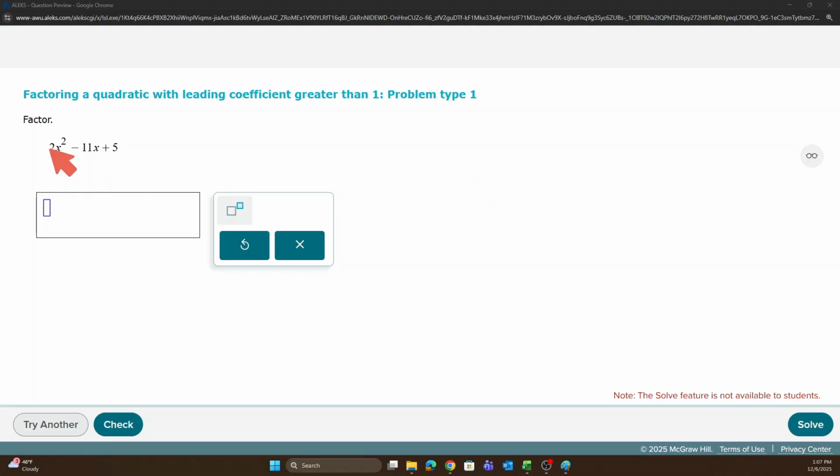So here we have 2x squared and 5. So our AC method is going to be 2 times 5, which is 10. And we have a negative 11 here. So we need factors of 10 that add up to negative 11.